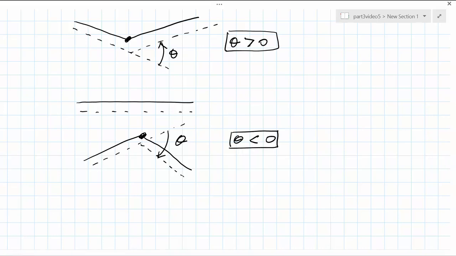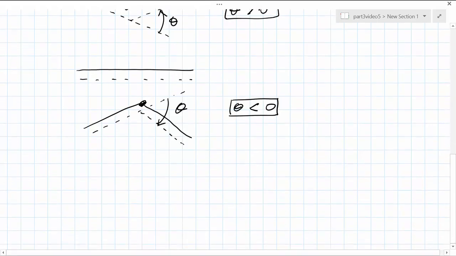Finally, in terms of the bending moment sign convention, the bending moment is positive on the tension side.